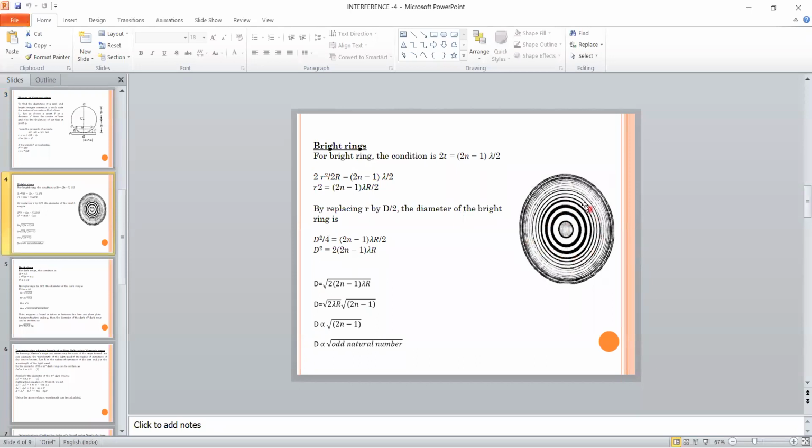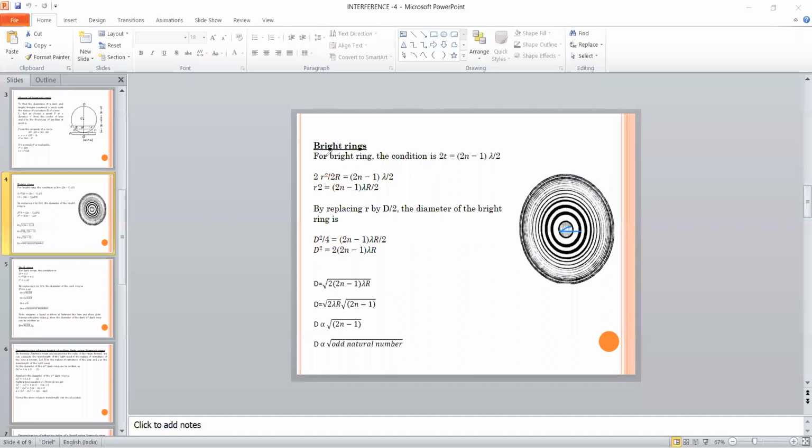When you observe through a traveling microscope in your laboratory, these Newton's rings are formed. So here our aim is to find the diameter of this dark ring and the diameter of this bright ring.